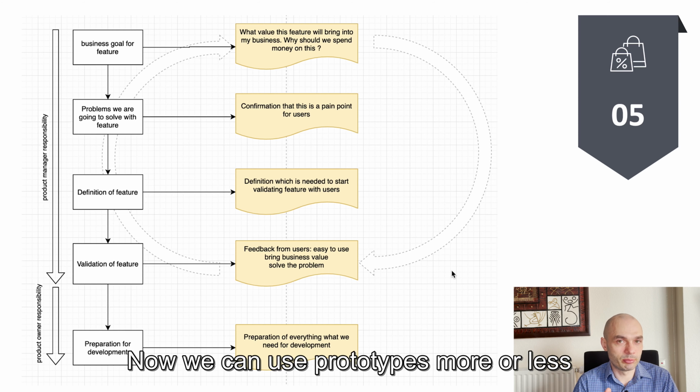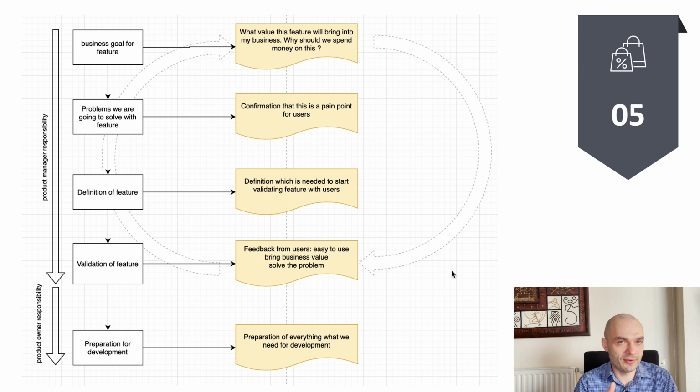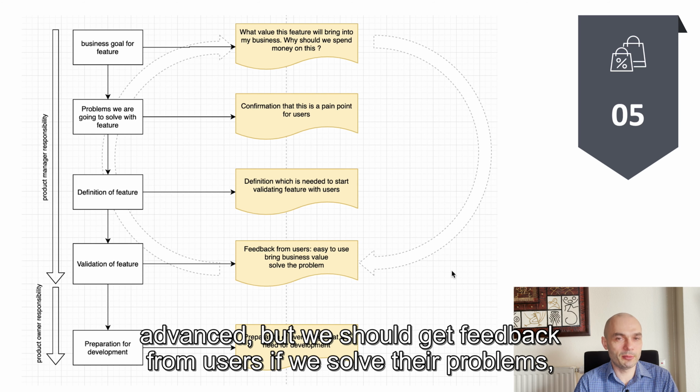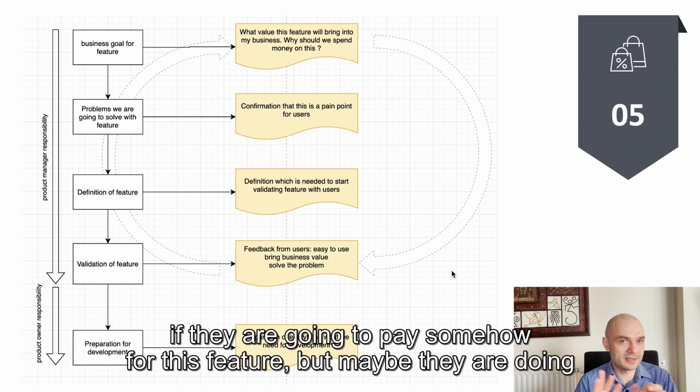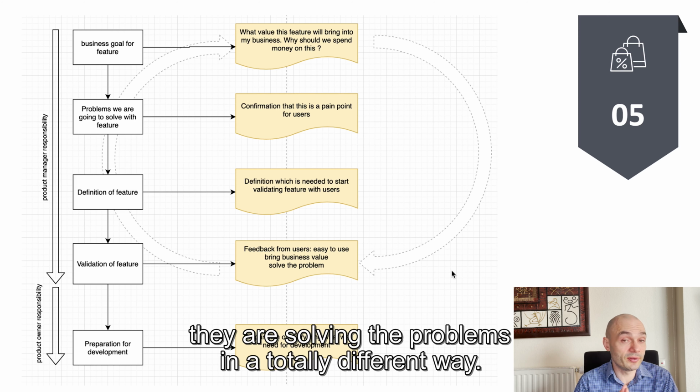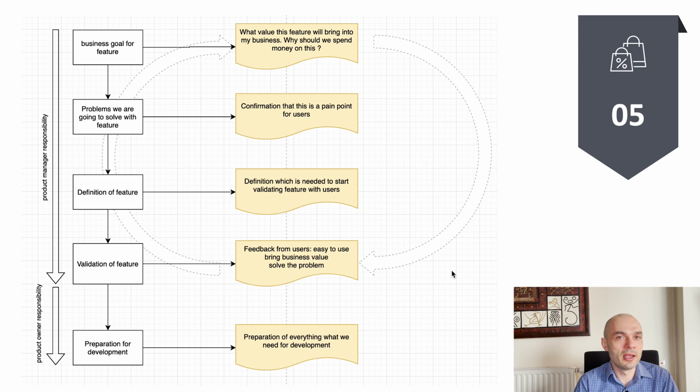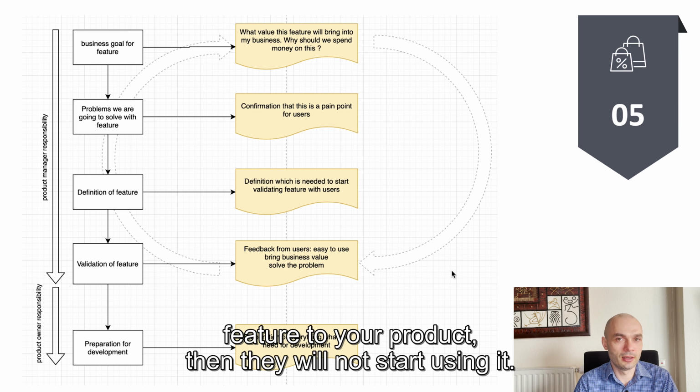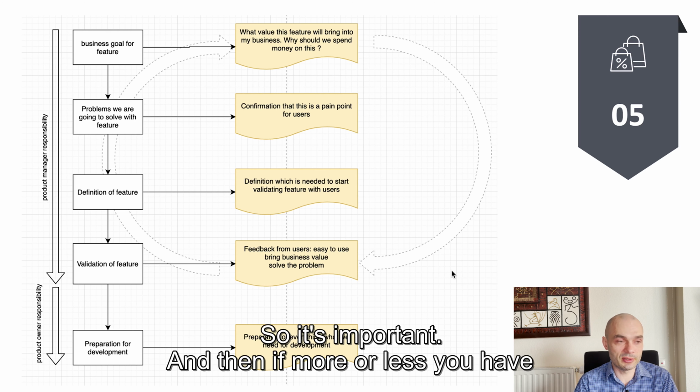We can use prototypes, more or less advanced, but we should get feedback from users on whether we solve their problems, whether they are going to pay somehow for this feature, or maybe they are solving the problems in a totally different way, and even if you add this feature to your product, they will not start using it. So it's important.